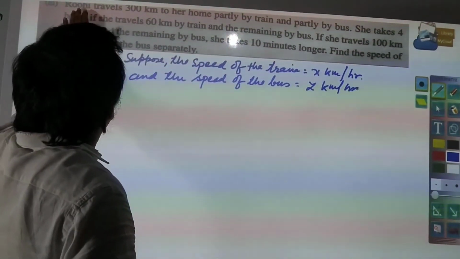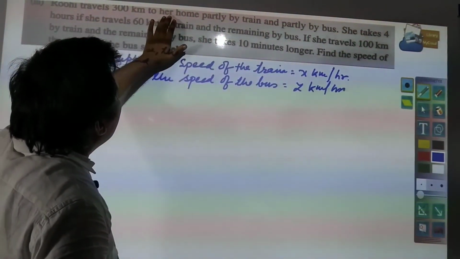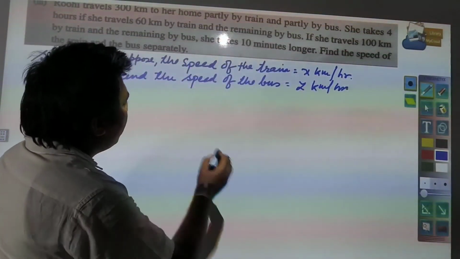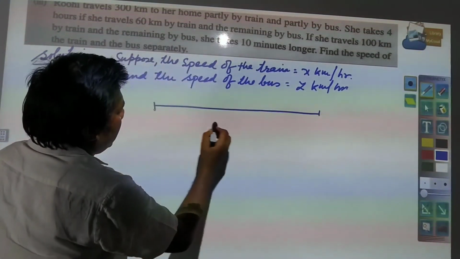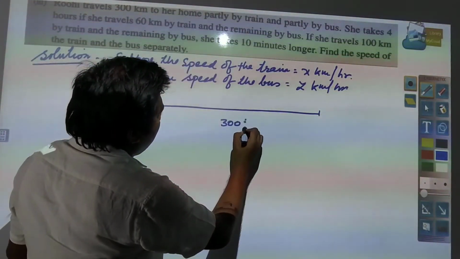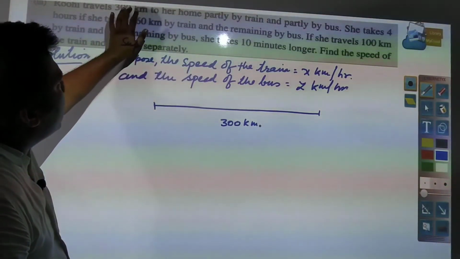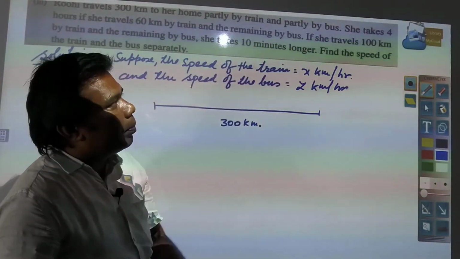Now here you have Ruhi travels 300 kilometer to her home, partly by train and partly by bus. Suppose this is your distance and this distance is 300 kilometer. And 300 kilometers she is traveling partly by train and partly by bus.